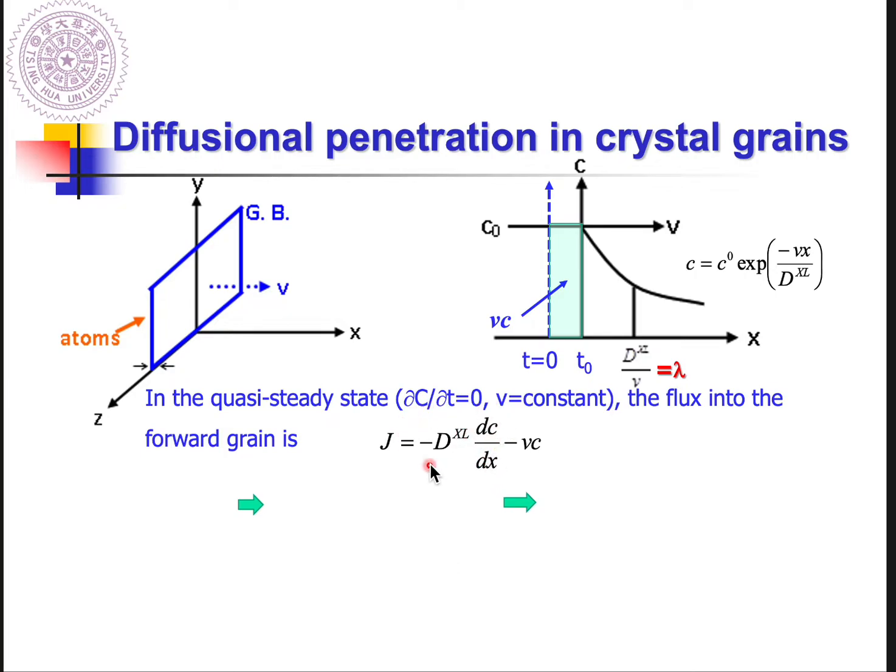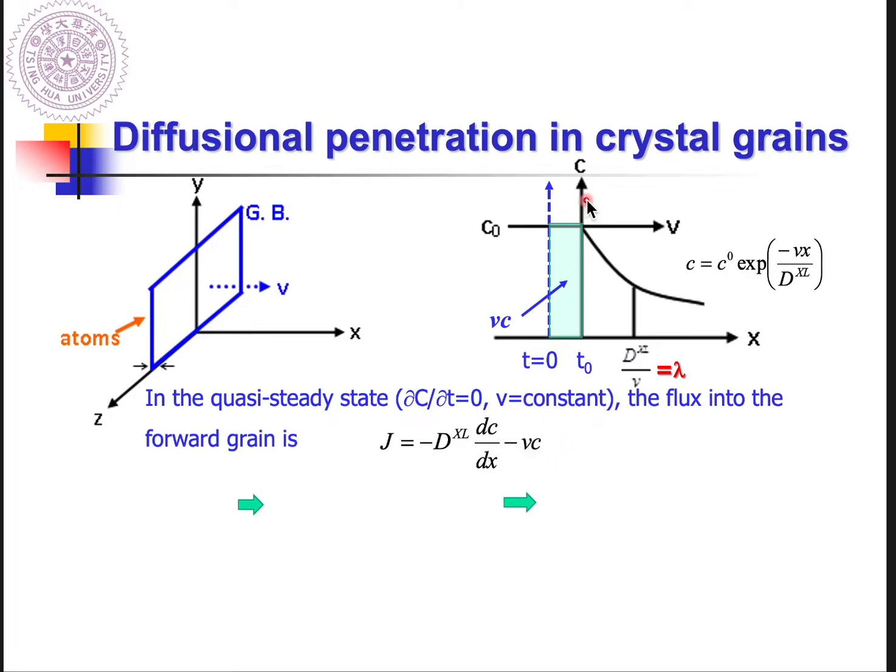It turns out it's correct, right? But however, the coordinate moves from here to here. So the atoms inside this region are not really passing through this plane. It's just because of the moving boundary.